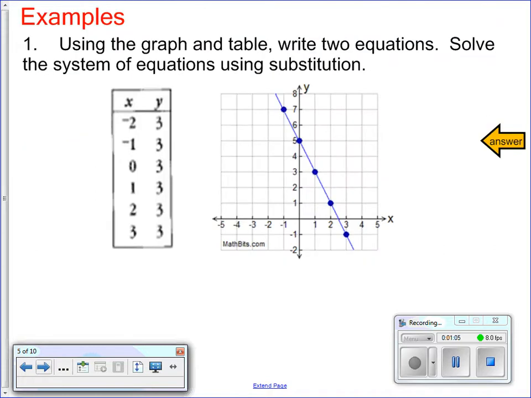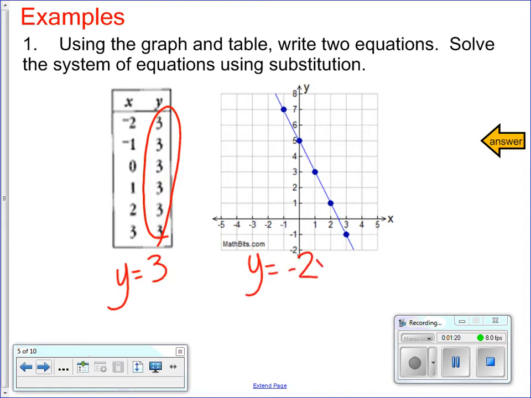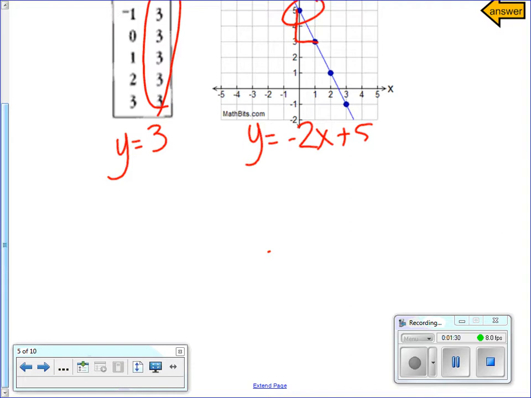So some examples. Using the graph and the table, write 2 equations and solve the systems using substitution. So in the table, this is all 3, so this is just y equals 3. And this one, it's y equals negative 2x, because we're going down 2, right 1, plus 5. So here's our intercept. Now we'll set these equations equal to each other. So we get 3 equals negative 2x plus 5.